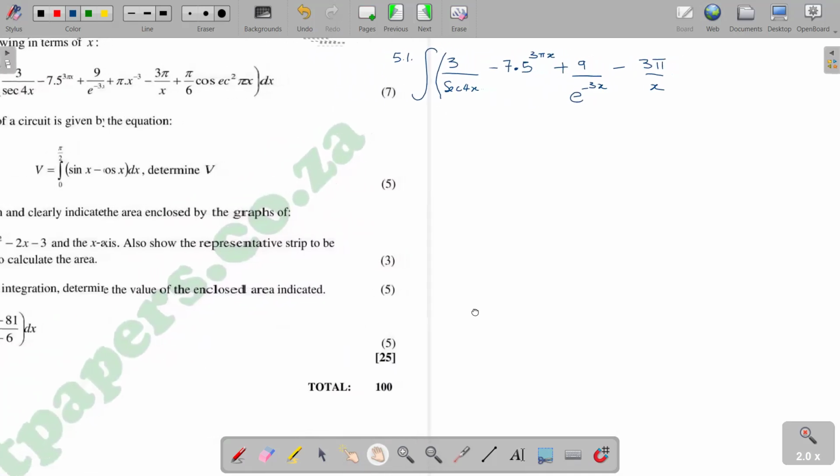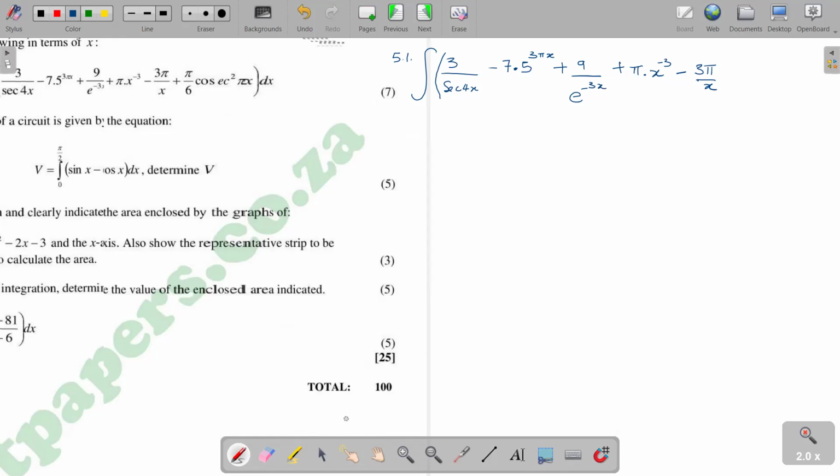Before we arrive at minus 3 pi over x, we had forgotten another term. Take note, it has plus pi multiplied by x to the power negative 3, minus 3 pi over x. If we check how many terms we have: 1, 2, 3, 4, 5.